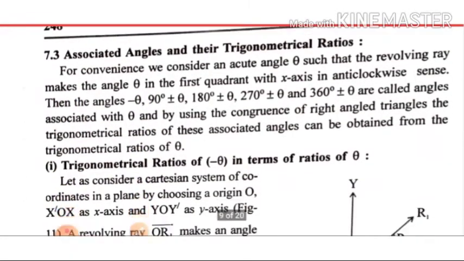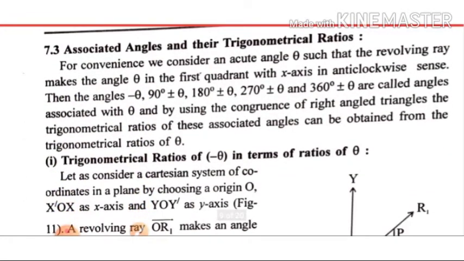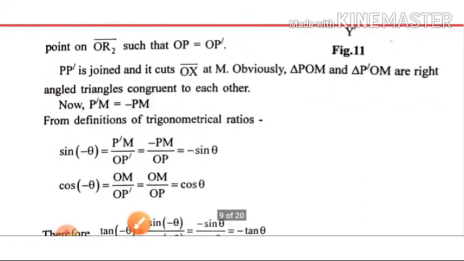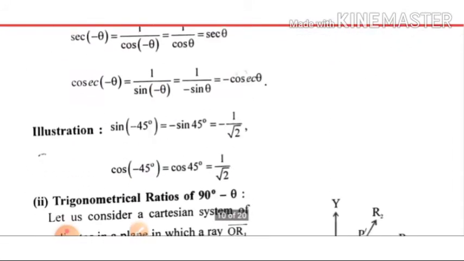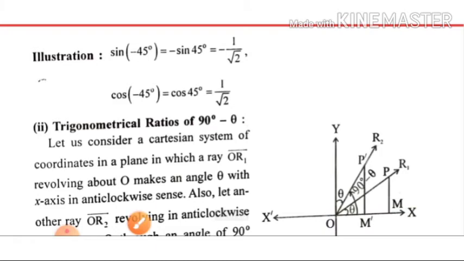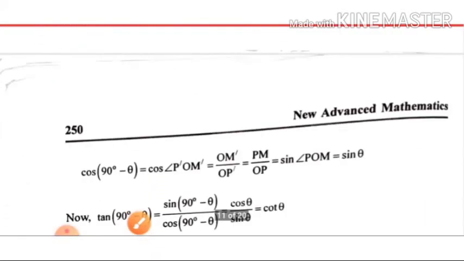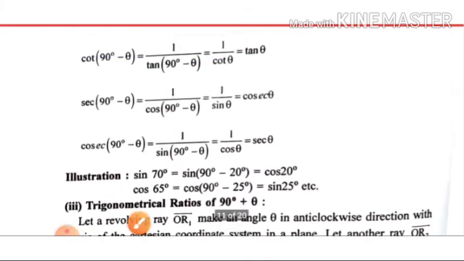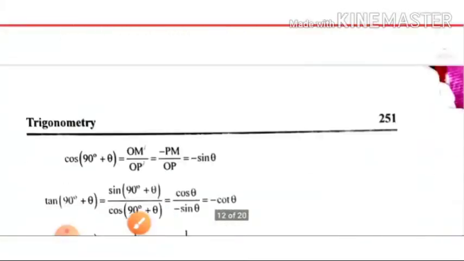Today we'll be learning about different angles and trigonometric ratios, that means the angles falling in different quadrants. We'll start from minus theta, then 90 degree minus theta, then 90 degree plus theta, then 180 degree plus theta, and likewise.